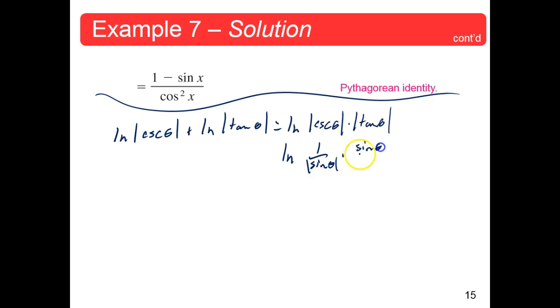Sine over cosine. And you could leave the absolute value bars there if you wanted to. Okay? And the sines disappear, and you have the log of 1 over cosine, which is the log of secant.